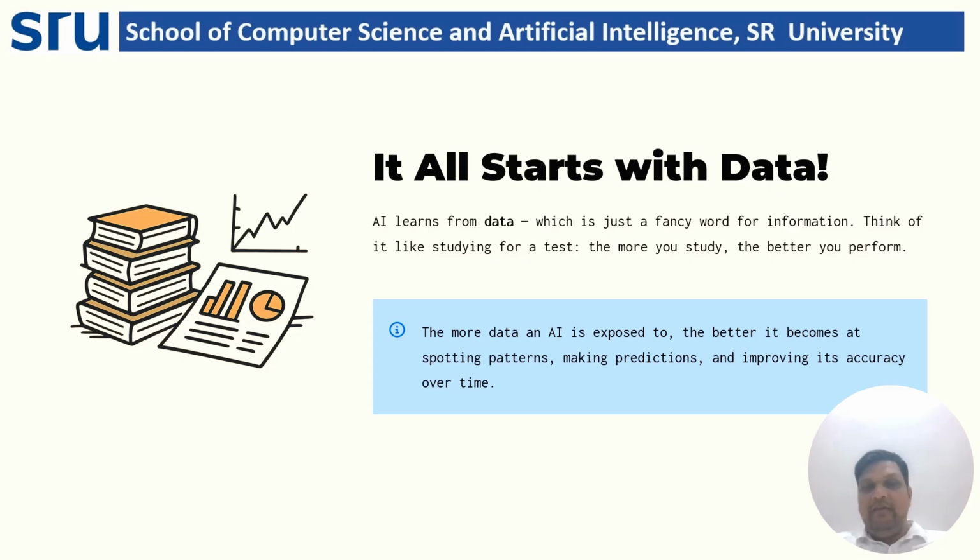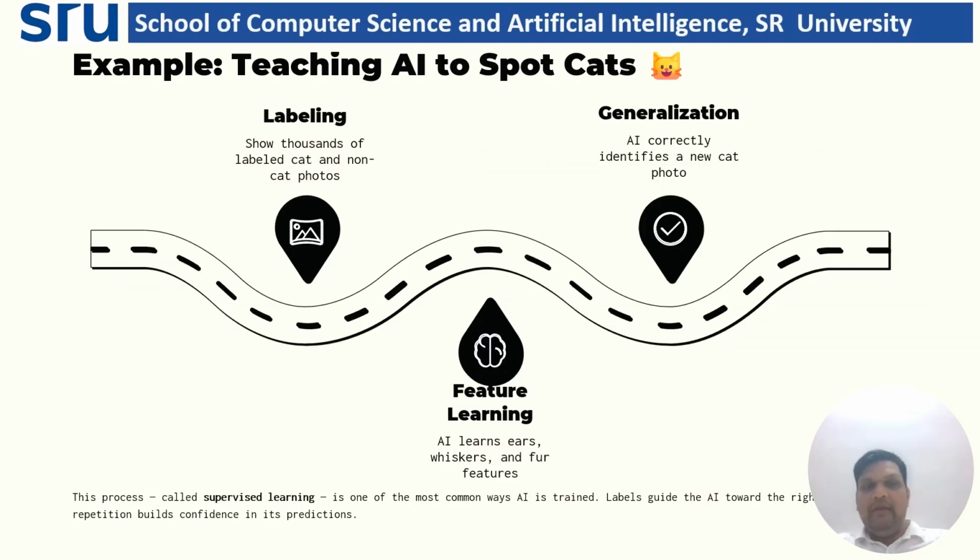So we can say here, AI learns from data, which simply means information. Just like studying helps you perform better in an exam, more data helps AI improve its accuracy. Example: teaching AI to spot a cat. Labeling: show thousands of labeled cat and non-cat photos.